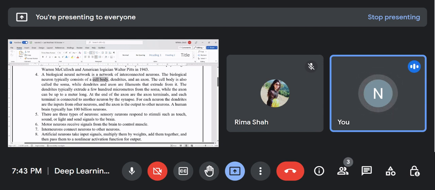The dendrites work as the input for the neuron and the axon works as the output, and whatever output comes is connected to another neuron with the help of a synapse. This is where the junction is, a terminal connection with the synapse to the other neuron.